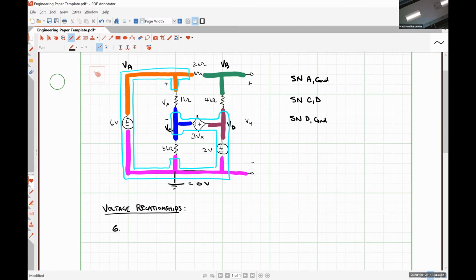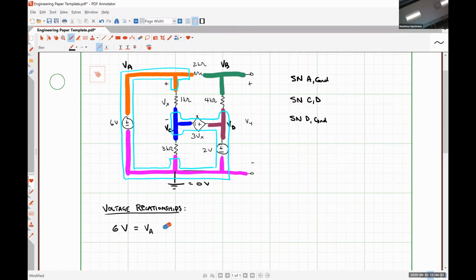So we're going to say 6 volts is equal to the nodal voltage present at the positive polarity terminal. What's that? VA minus the nodal voltage present at the negative polarity terminal. What's that? 0. So we can say then that 6 volts is equal to VA. That is our first voltage relationship equation.